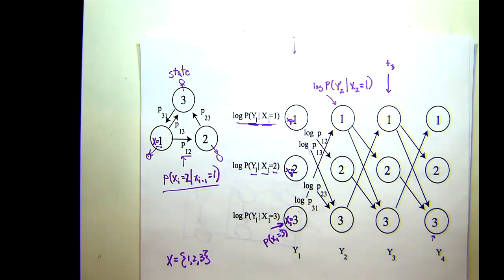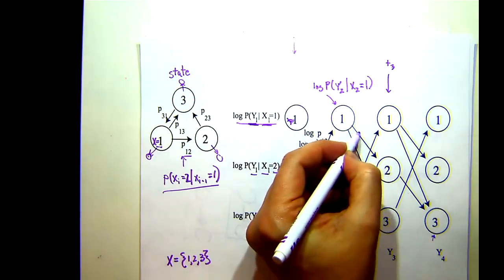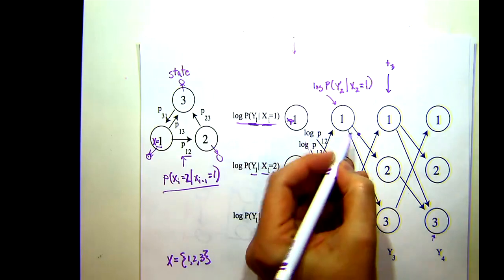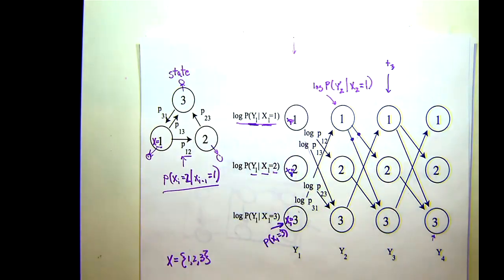Given the cost to go value for leaving a node, we can always find the best path out of a node. So if we calculated the cost to go of this one, and we calculated the cost to go of this one, the best path would just be the minimum of those two.